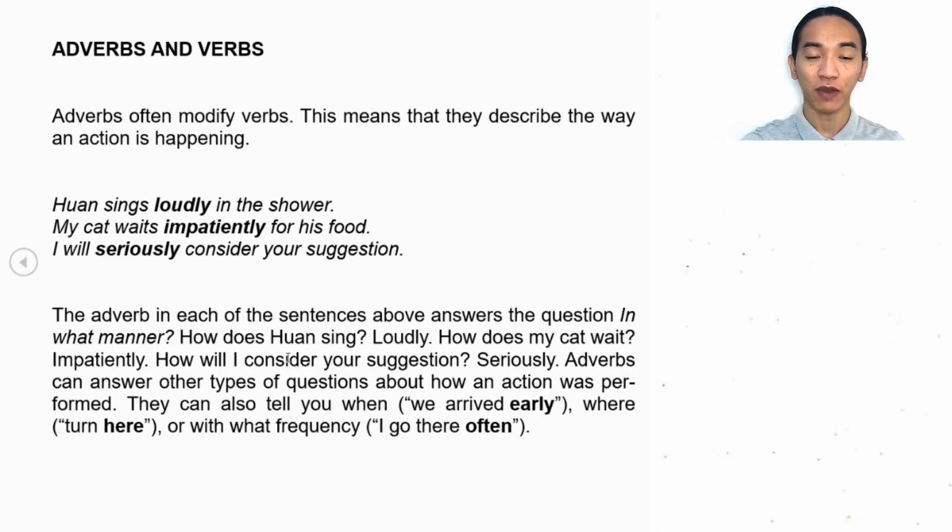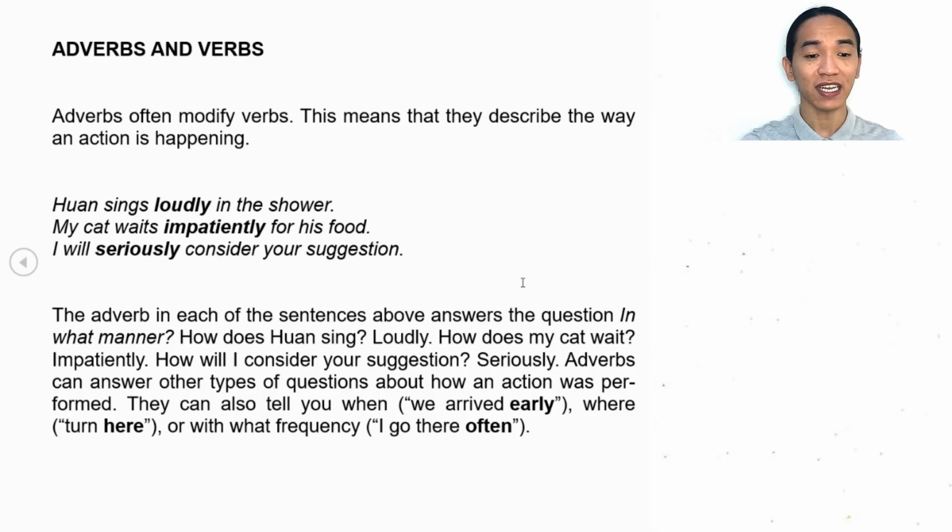So the adverb loudly describes how Juan sings in the shower. Now, my cat waits impatiently for his food. I will seriously consider your suggestion. So, please take a look at your adverbs that usually modify or tell something about your verbs.